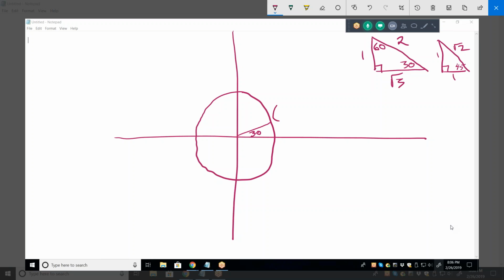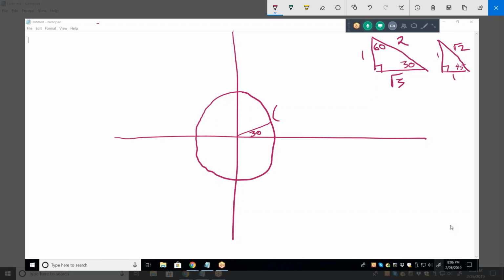X over 1. No, read that triangle, the 30 degrees, and put the adjacent over the hypotenuse. What's the adjacent to 30 degrees? There's always two lines that are adjacent to an angle. The one they're talking about is never the hypotenuse.